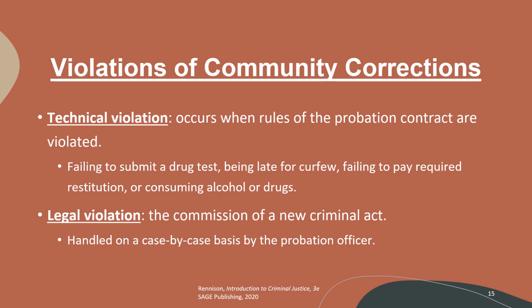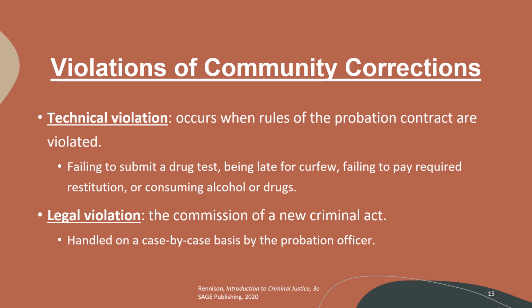And so a technical violation would be a violation of one of the contractual terms. So they failed a drug screen, or they were late for curfew, or they didn't pay their fees. Those all fall under technical violations.